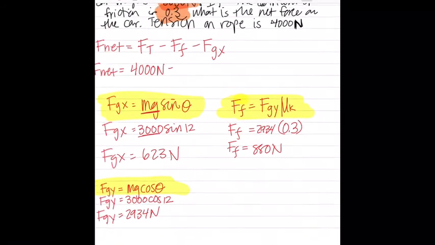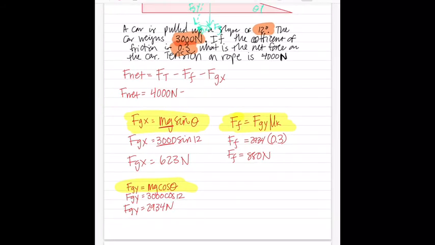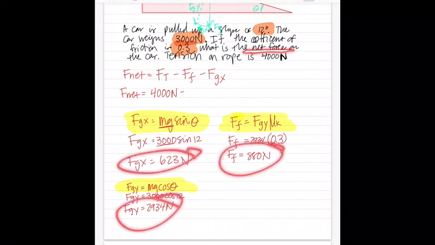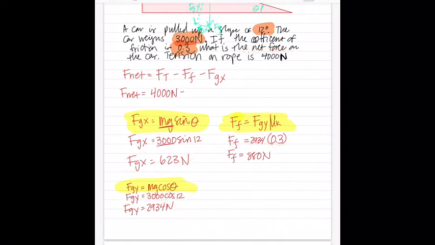Okay, so I feel like this is a lot of steps. Let's walk through what I have done before I get the final answer, because this is not the final answer. The final answer is supposed to be what is the net force. This is not net, this is not net, and this is not net. So we're not even there yet. All we had to do is go find these things.